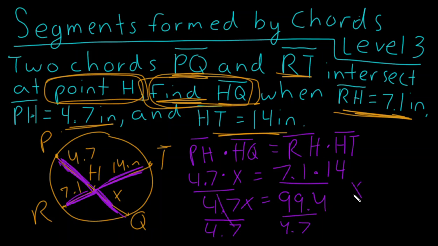And we'll get x equals, and once again, reaching for the calculator, we know that we have 99.4 divided by 4.7, which will give us, in this case, 21.15. It's actually 21.148, but we know that that 8 rounds the 4 up to a 5. Oh, and don't forget our units, that's in inches.